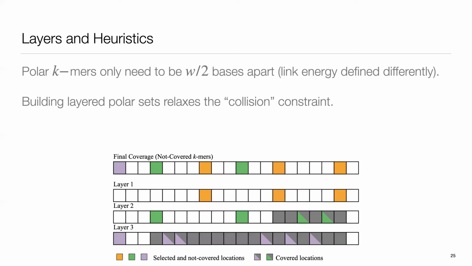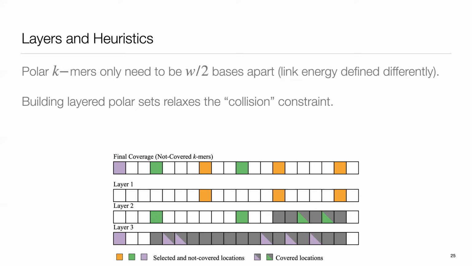Another thing we do to further relax the constraint is we propose the concept of layer polar sets. With layer polar sets, even two cameras that are, say, next to each other in a reference sequence could be selected under certain circumstances if they are on different layers.